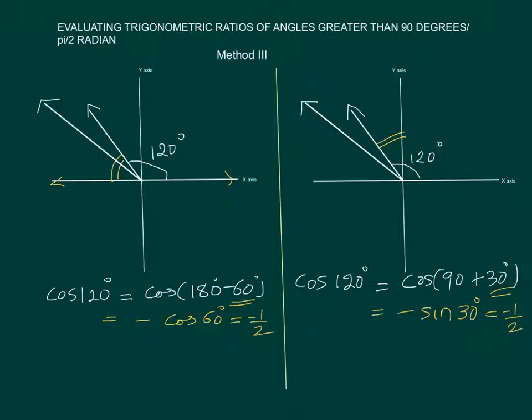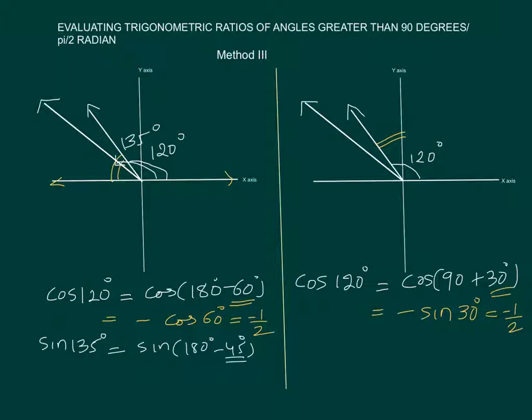Say our theta is 135 degrees and we are asked to find sine of 135 degrees. We can write it as sine of 180 minus 45.